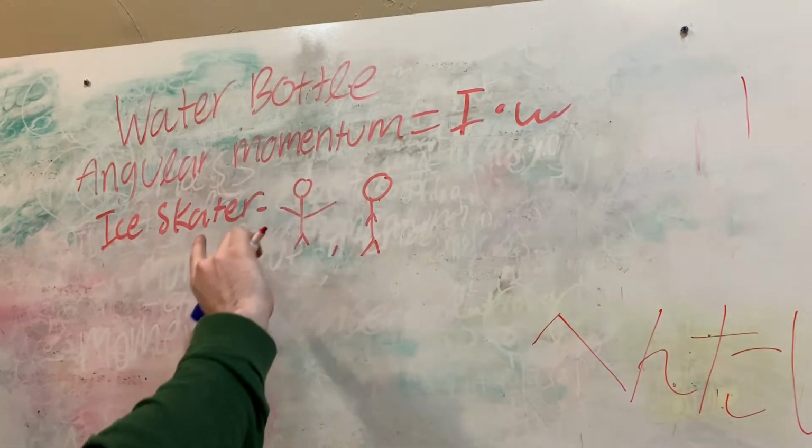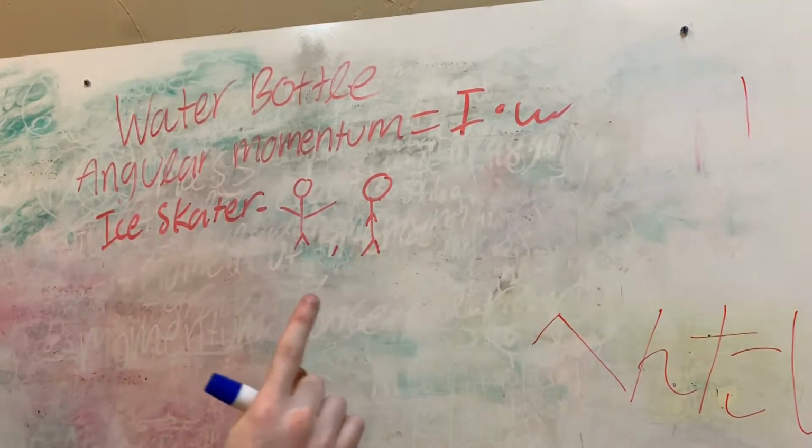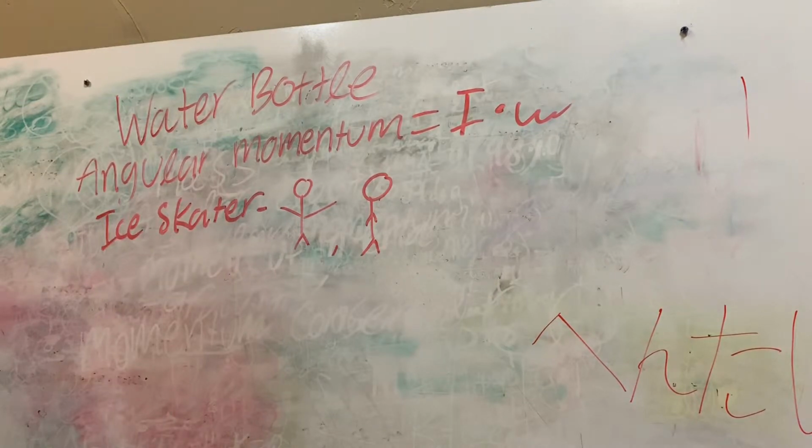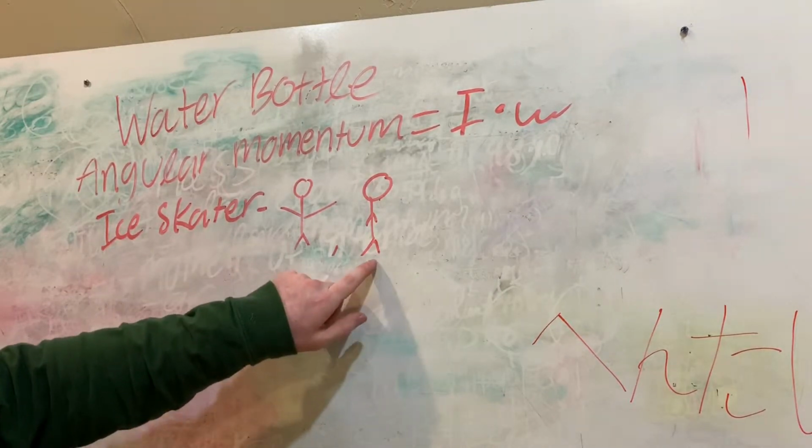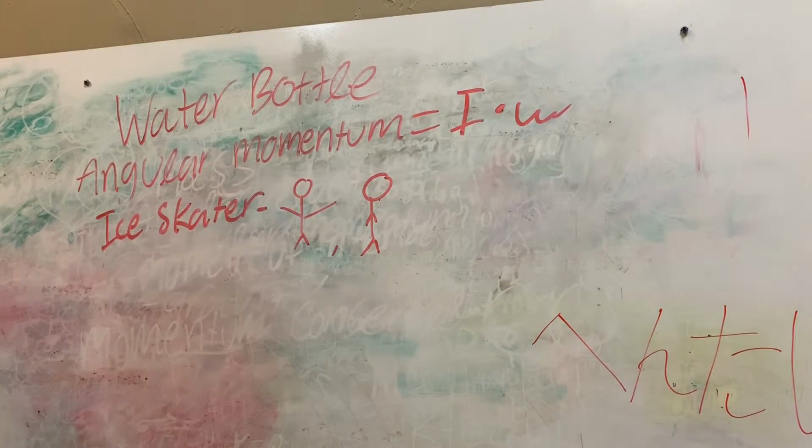But since momentum is always conserved, that means the velocity will be slower, so they'll be spinning at a slower rate. Whereas where their arms are tucked together, their moment of inertia is lower, so their velocity would be higher, so they would be spinning faster.